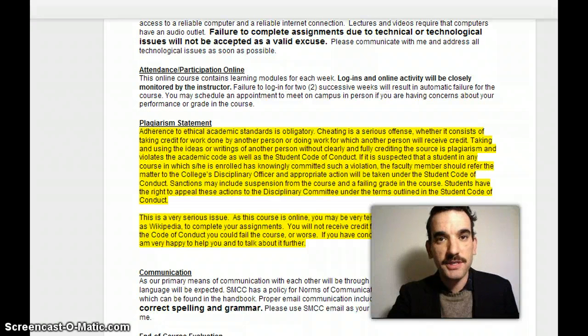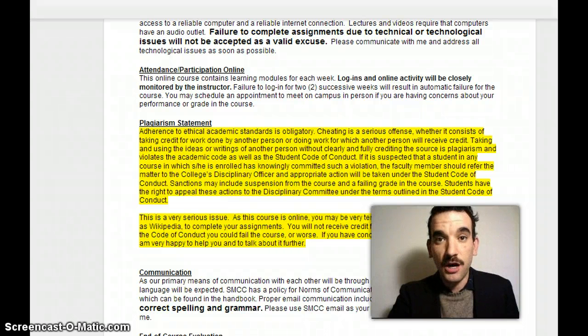Attendance and online participation. So you saw in the breakdown that attendance and participation were not part of the grading rubric. But if you fail to log in to Blackboard for 2 consecutive weeks, you will receive an automatic failure in this course.